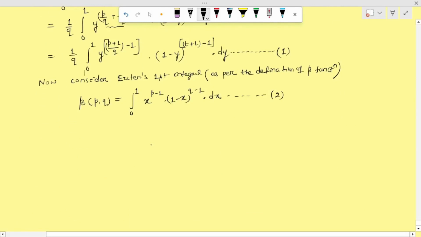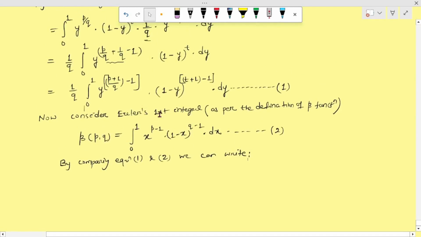You just compare equation number 1 and 2. By comparing equation 1 and 2, we can write, I am going to compare this one first.